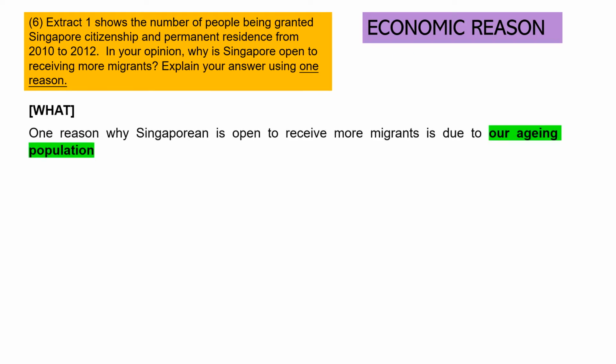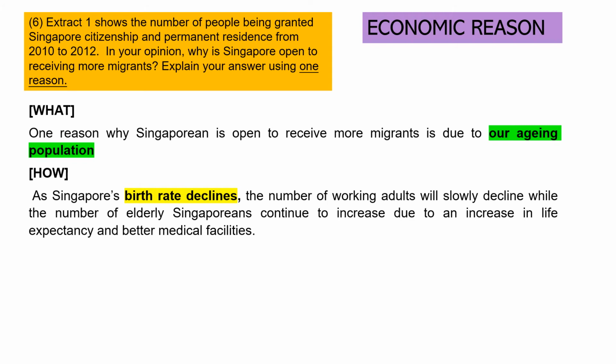So let's take a look at how, if let's say we use the economic reason, we are very open to having more migrants because of our aging population. We talk about the declining birth rate. So you can use things from your Social Studies examples that we have talked about in class.